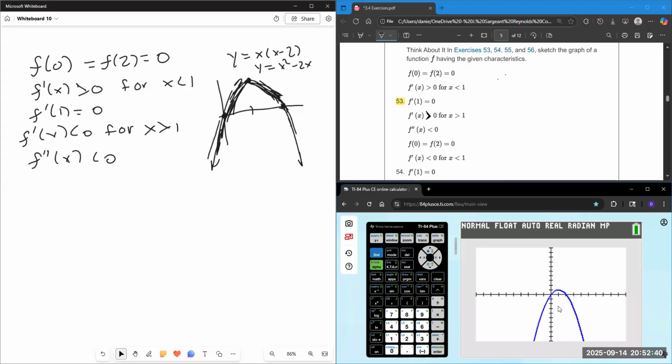There we go, like that. So it's increasing, then decreasing, has a maximum value at 1, 1, decreasing from 1 on. There we go. So let's look at number 55.